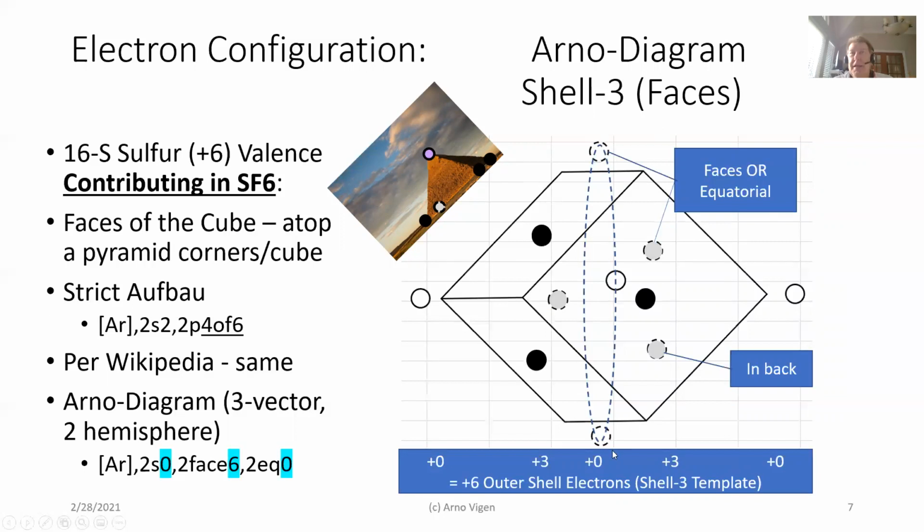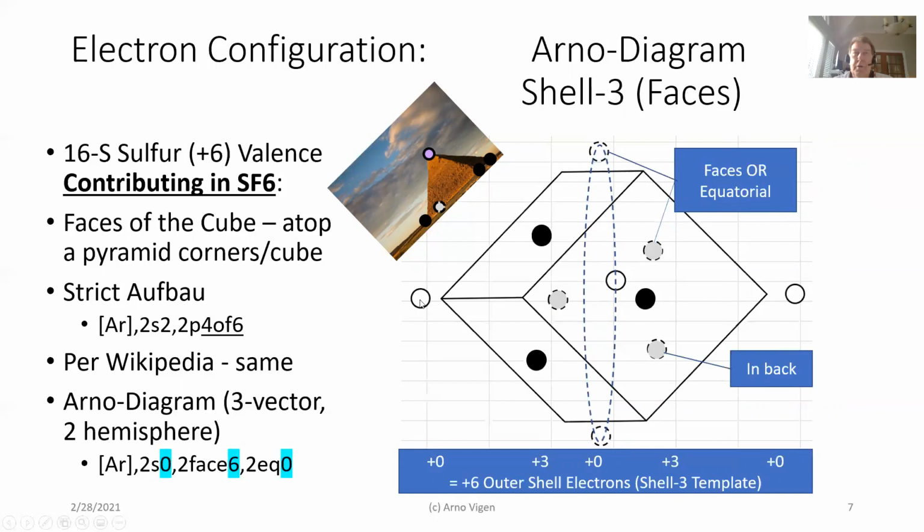You also potentially, in shell 3, have this equatorial, but it's really an either or. You can't get the faces and the equatorial because those counts, that would be a 6 plus 3, which is 9, and we only can get 8 in that shell, okay?